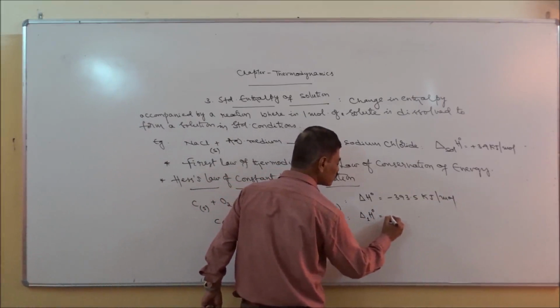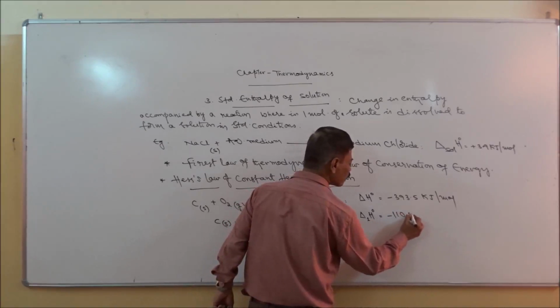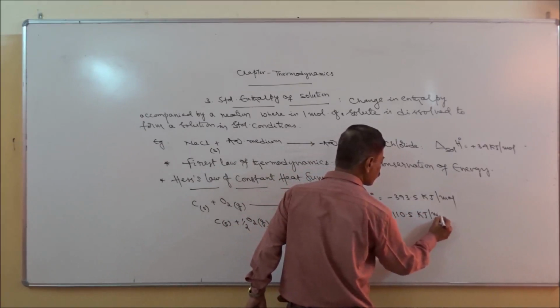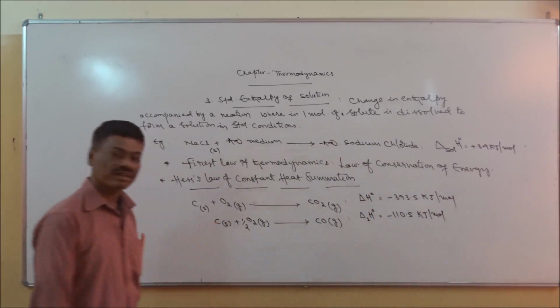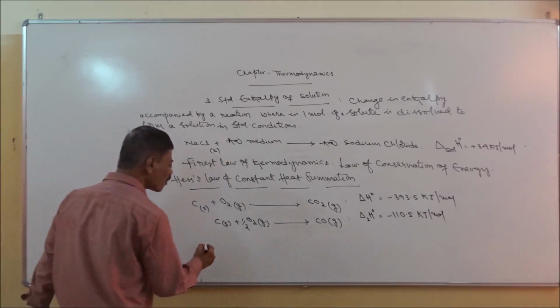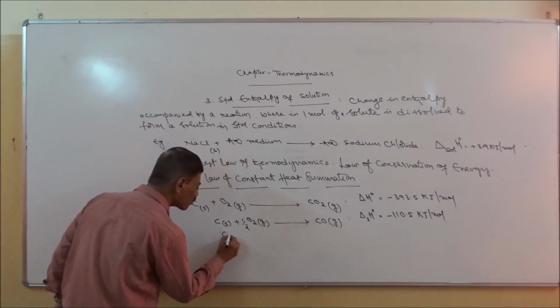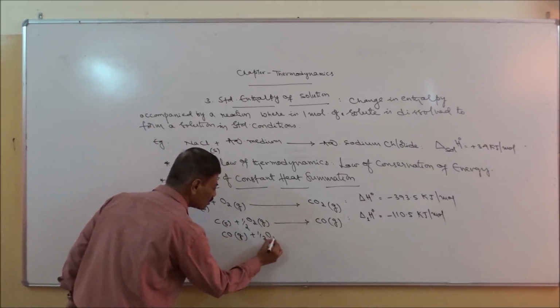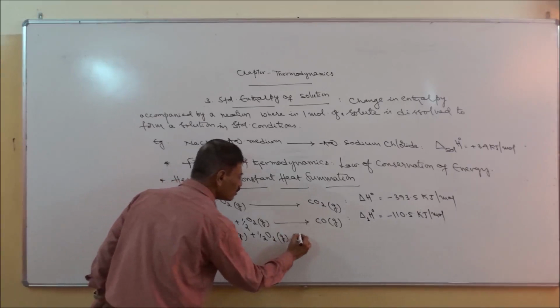This is equal to minus 110.5 kilojoules per mole. This much amount of energy is released. In second step, what happens is, so formed carbon monoxide gas combines with oxygen chemically.